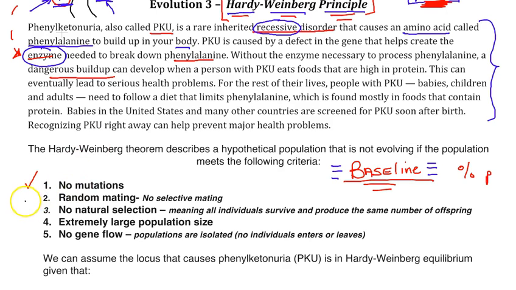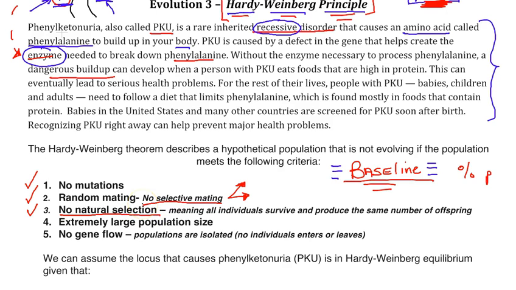We're going to say that there's random mating. What does that mean? Well, there's no selective mating. People are not basically finding mates or wives or husbands based on the idea that they have PKU or not. You're not saying, hey, do you have PKU? If not, oof, I can't. So random mating is going on definitely in our populations. And 3, no natural selection. And you'll say, well, what do you mean by natural selection?